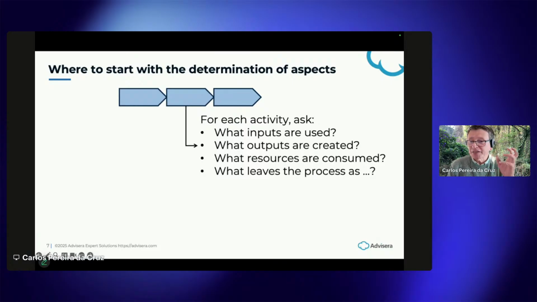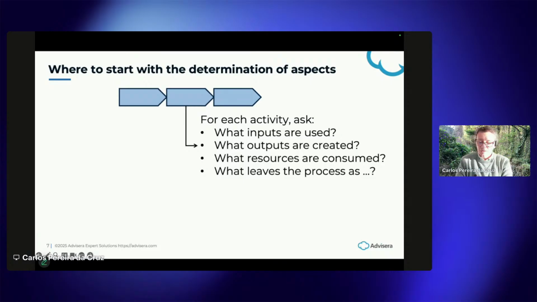And for each activity, ask what inputs are used, what outputs are created, what resources are consumed, what leaves the process as waste, emissions, noise, heat, wastewater, packaging, chemicals, and transport. So this prevents gaps and keeps the analysis grounded in operational reality.